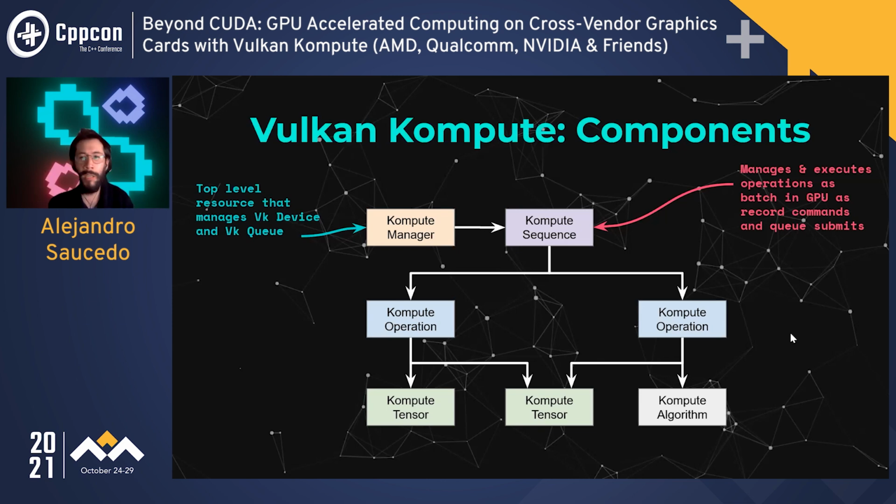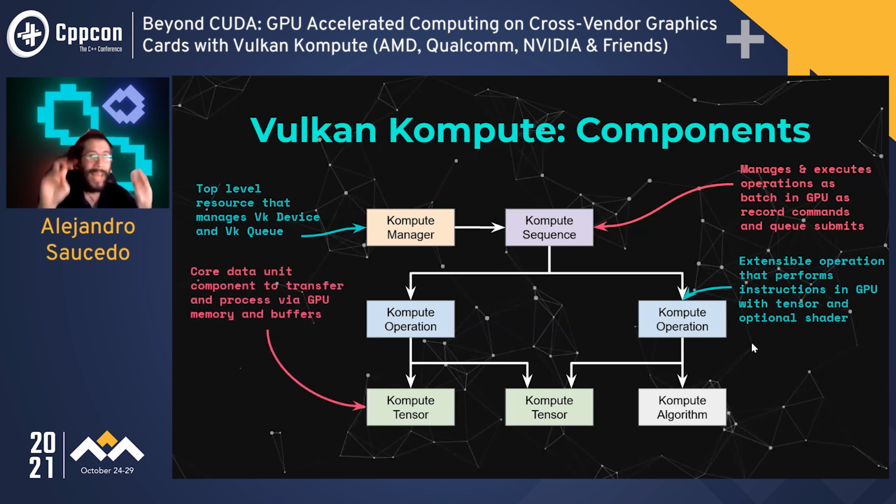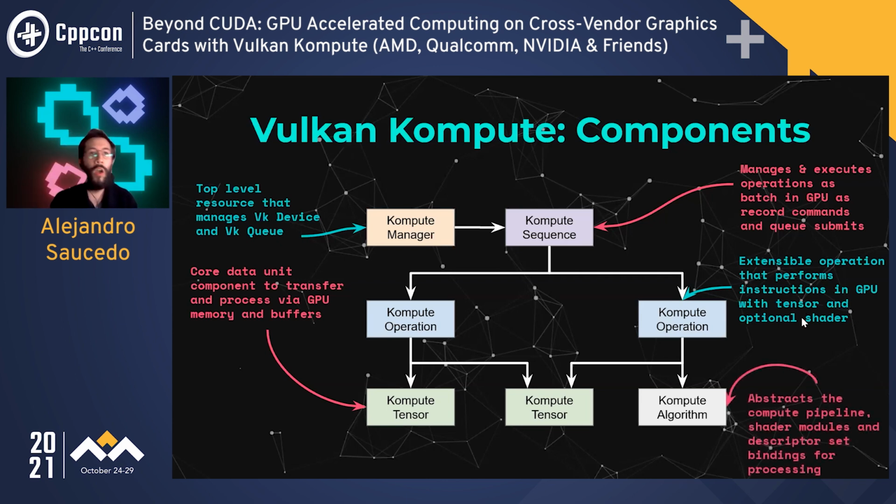So there's some analogy on that. There is the concept of operations, which are basically analogous to kernels, which contain the abstraction of what is a tensor. Tensor is basically analogous to the memory buffers, which would hold and manage the memory, specifically on the GPU side, as well as the algorithms, which encompass the concept of the shaders, the descriptor sets, et cetera.